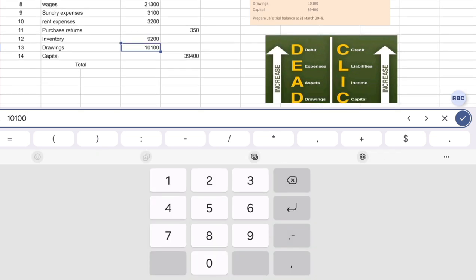The next item is drawings. Drawings have a debit balance, so it will be recorded on the debit side of the trial balance. Then the last item is capital. Capital is a credit item, so it will be recorded on the credit side of the trial balance.